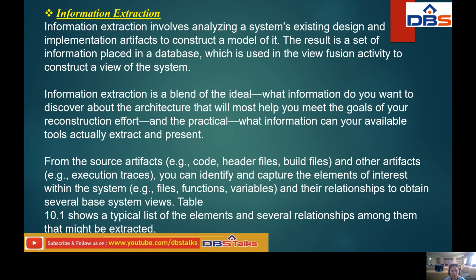What information can you or the available tools actually extract and present? Then we can think about which tools they are using to extract and present the information from the source artifacts. For example, we have different types of artifacts.